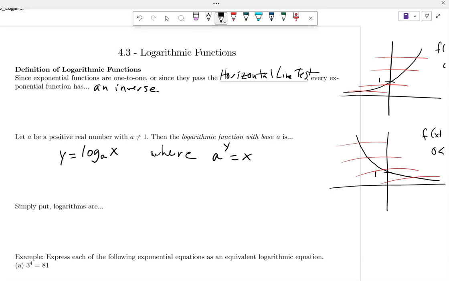The important part is to recognize where these things are. This output for the logarithmic function corresponds to what? The exponent, right? That's all logarithms are. Logarithms are exponents. That's all they are. They sound super mysterious. There's a weird name that goes along with it, but literally, a logarithm is just an exponent.